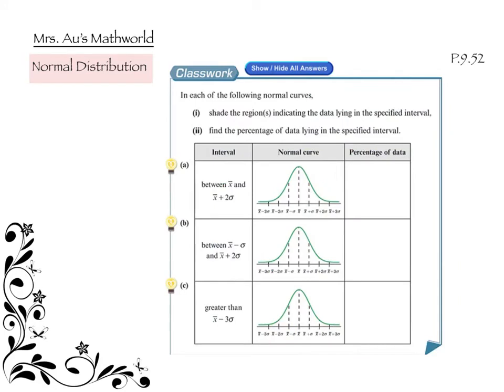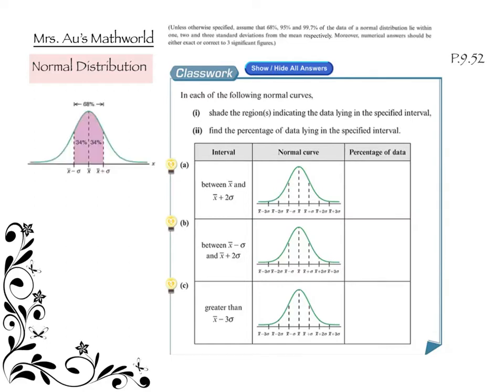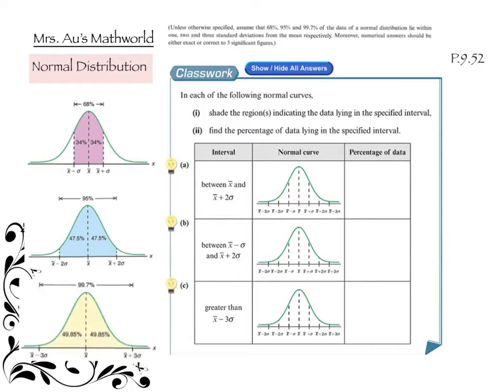So please go to page 9.52. This sentence will be the English that will be provided in a test or exam. To help you understand, let us use the graph in the previous page. Within 1 SD, within 2 SD, and within 3 SD.